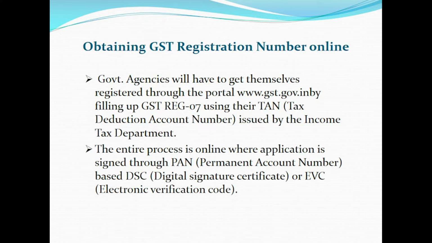Any registered person or business entity who wants to obtain the GSTN number must have a PAN. The entire process is online, where the application is signed through a PAN, that is, Permanent Account Number based DSC.